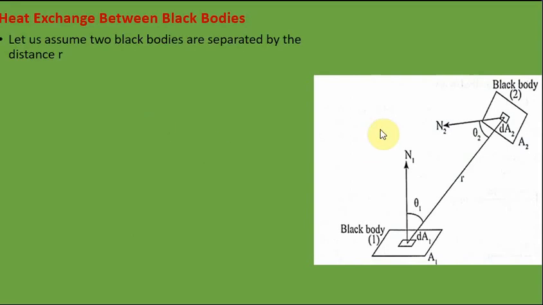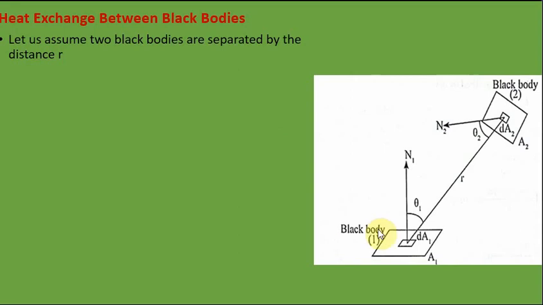Consider this figure. Let's assume two black bodies separated by a distance r. A1 and A2 are two black bodies, and dA1 and dA2 are two small areas separated by a distance r, inclined to the normal at an angle theta 1.